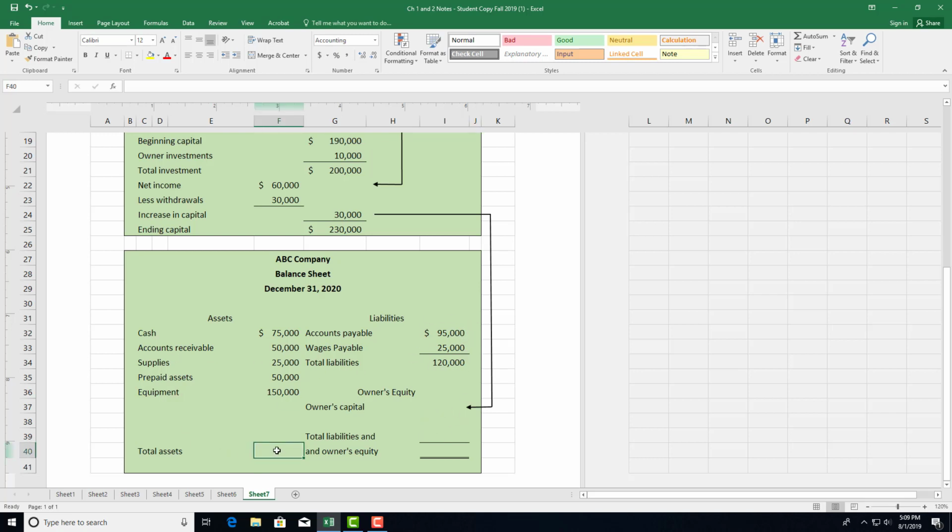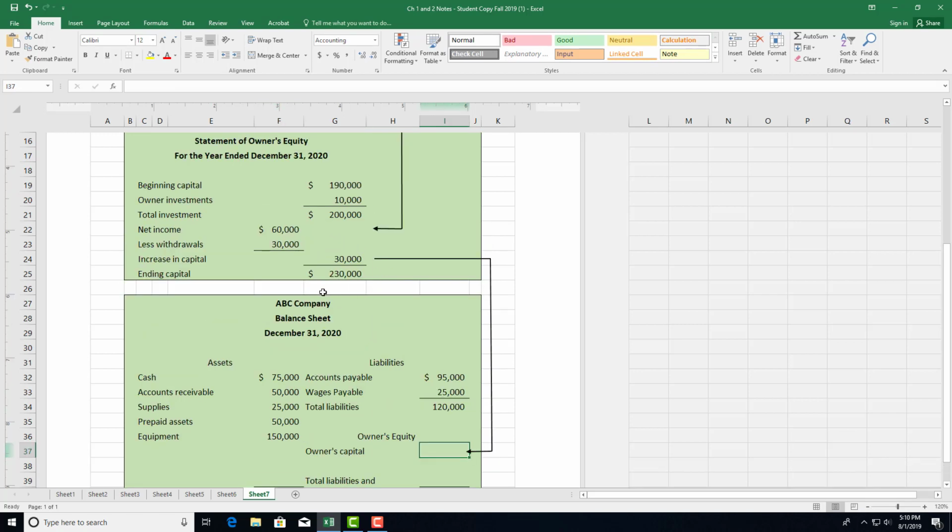So in this example, I'm going to add up our assets, and I'm going to use this auto sum feature that's really useful in Excel. When I click on it, it shows me which cells it's going to add up, and that looks good, so I just hit enter. And then under owner's equity, I need to take the ending capital from our statement of owner's equity, and that goes on the balance sheet.